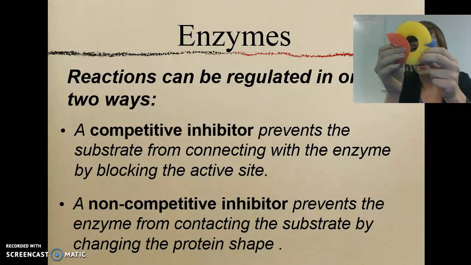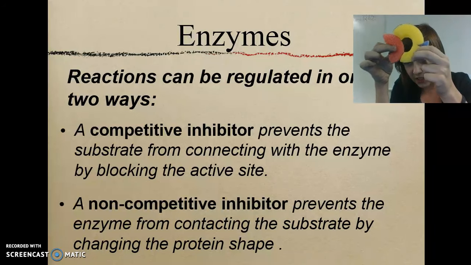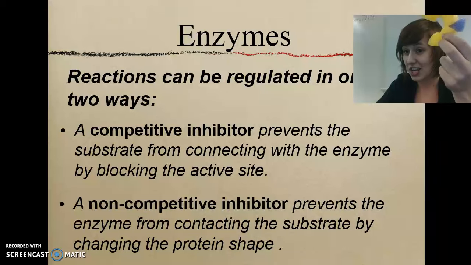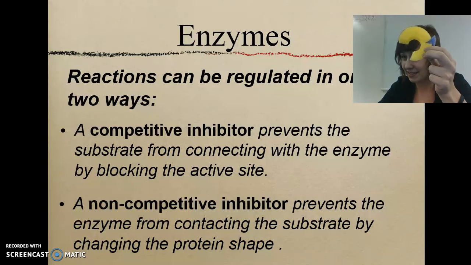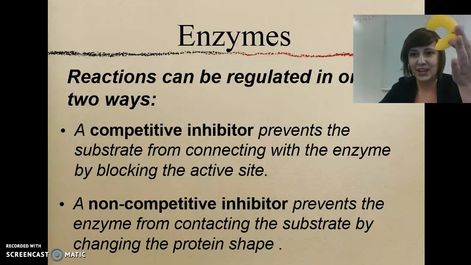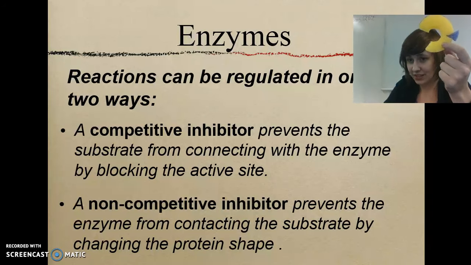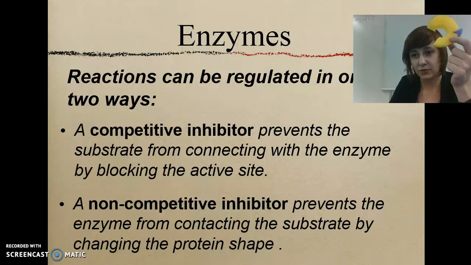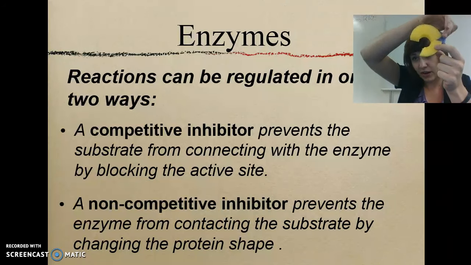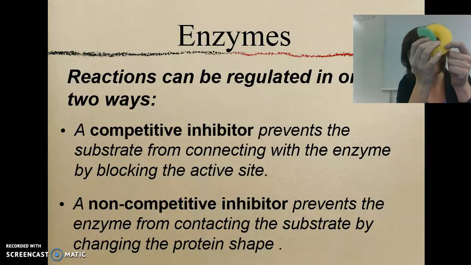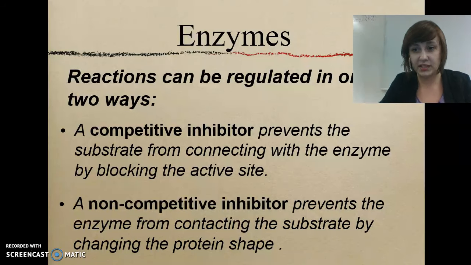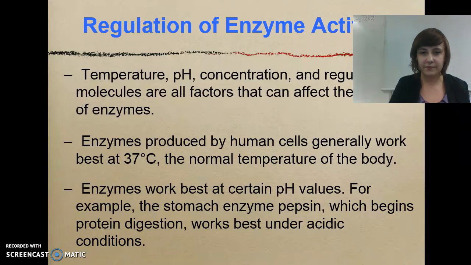There's not going to be a way that I can force this substrate in. It's changed the shape of my enzyme fundamentally. And remember, essentially what we've done is we've put glue in our lock. So our lock's not going to open to our key. So this doesn't work. This is non-competitive because it's not directly competing. It's bonding somewhere else. And our competitive inhibitor is going to bond to the active site. So that's the difference between competitive and non-competitive.